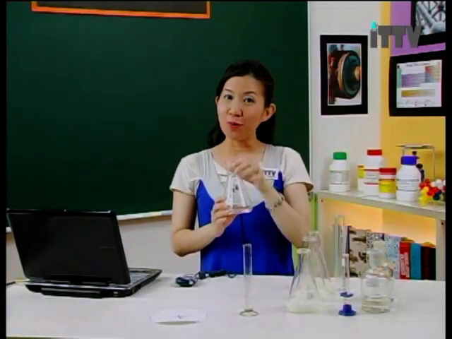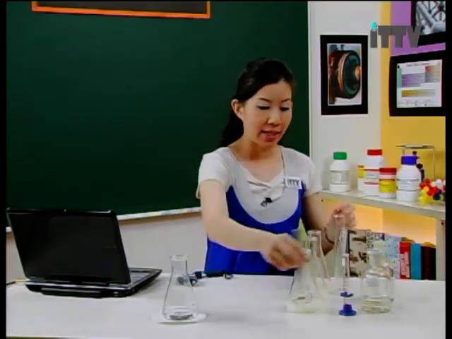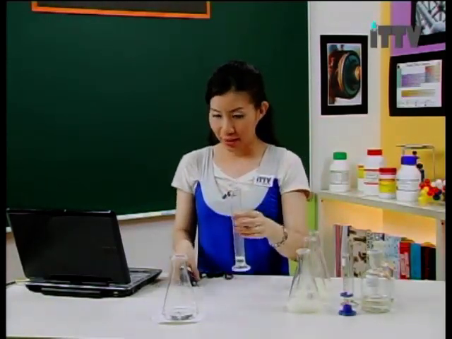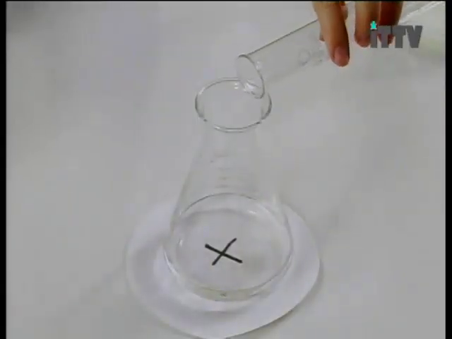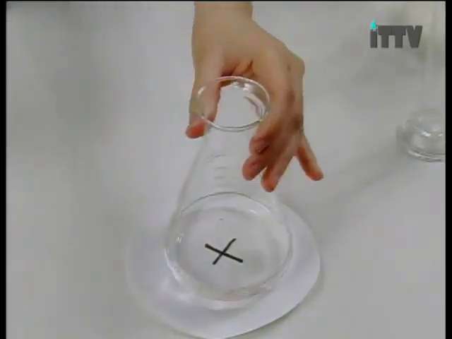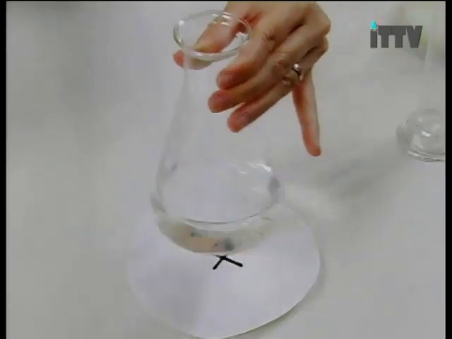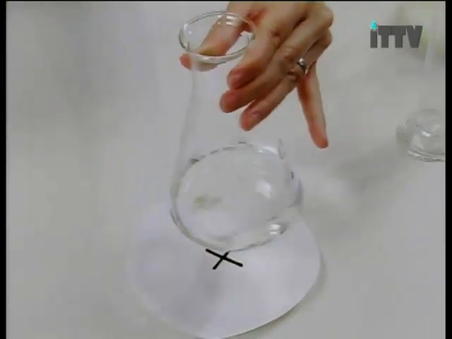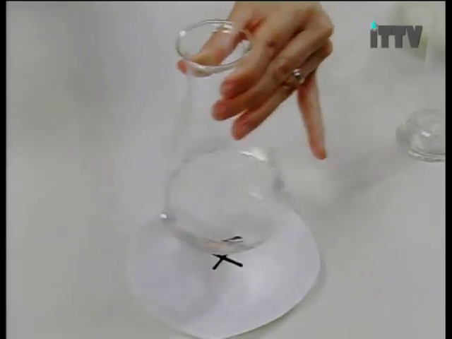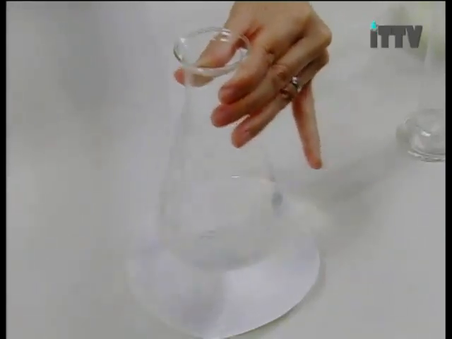With our last experiment, experiment 4, let me place it on the X. And same thing, I'll put in 5 ml of hydrochloric acid. And I start the stopwatch, and I swirl the conical flask. This would take an even longer time for the cross to disappear from view because it's the most diluted concentration of sodium thiosulfate.